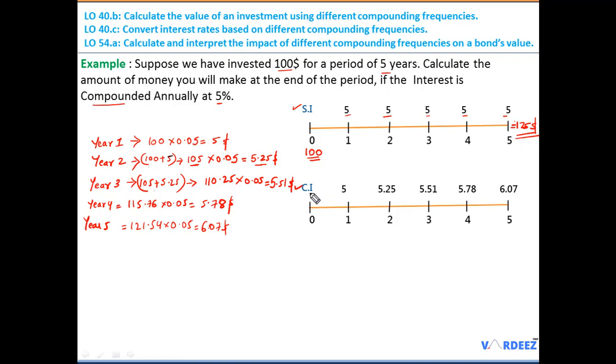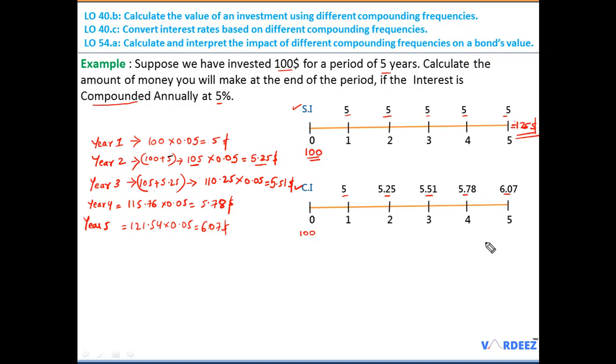Similarly we have the compounding interest. We had the same $100 to invest. The only thing that changed here is that the interest was compounded annually, and every year we saw the interest start to increase. It started to compound, and that is the major difference.